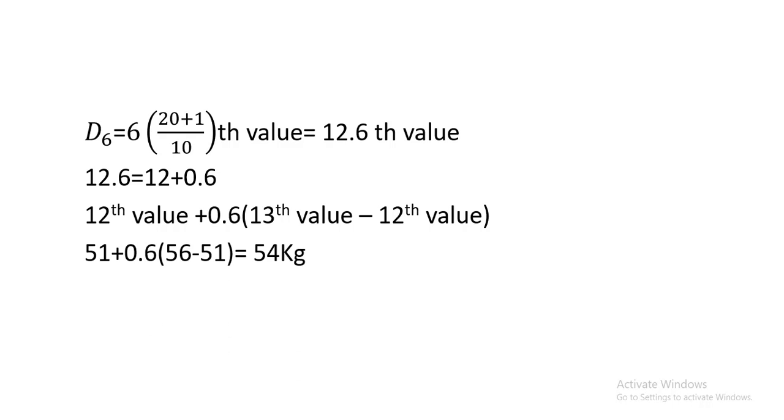So the 12th value was 51, 0.6 as it is. The 13th value in the data, if you go back to the data and look for the 13th value, will be 56 minus 51. After simplification the whole answer is 54 kgs. Because it was in weight, so kg. So D4 is equal to 44.4 kg and D6 is equal to 54 kgs.